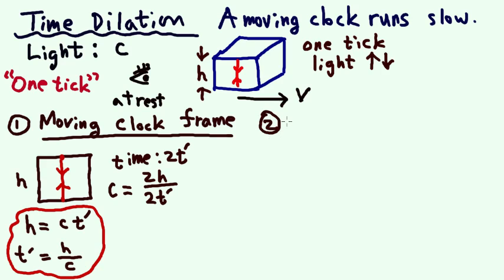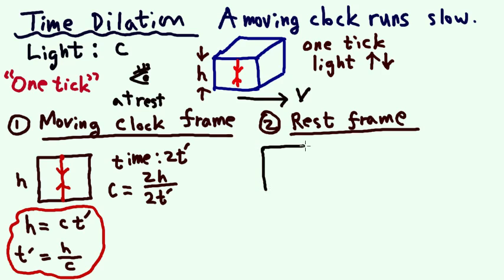Now let's describe the same event in the rest frame, in our frame, assuming that we're at rest and we are looking at this moving clock. In order to describe this same event from the rest frame, it's actually convenient to consider three snapshots here.